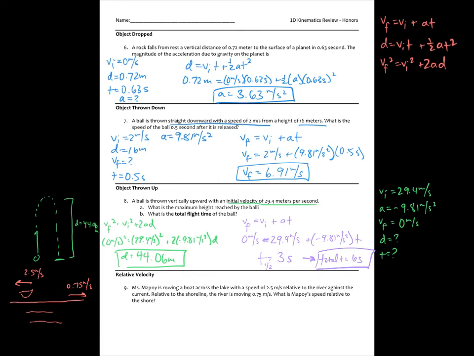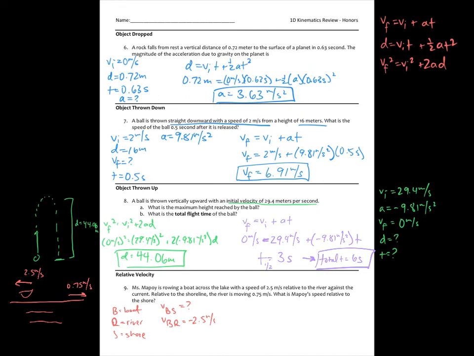Okay, so if we remember, I'm going to use B for boat, R for river, and S for the shore. We are looking for my speed, the boat speed, relative to the shore. The speed of the boat relative to the river going against it is negative 2.5 meters per second.